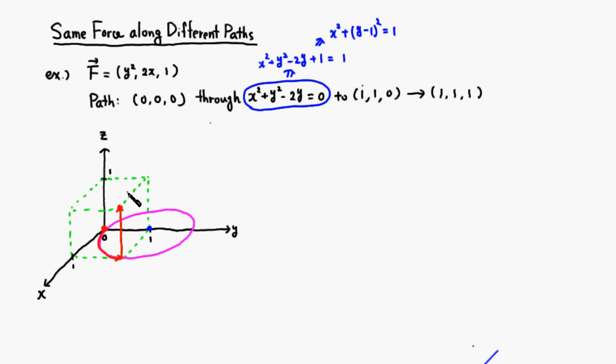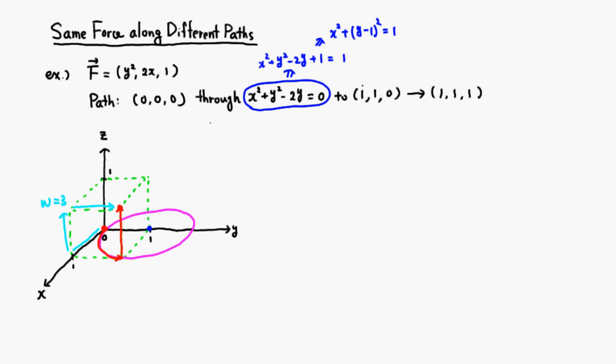Last time I believe it went like this, go here and go straight up, and ended up with the same point. And along that path, the work came out to be 3. So we have the same force, same starting point, and the same destination point. Let's see if we can get the work along a different path.